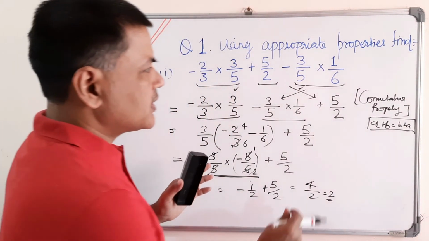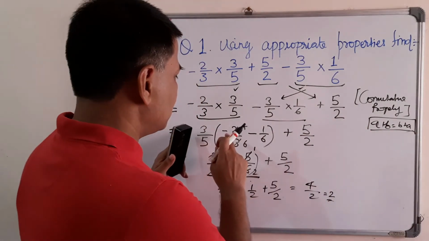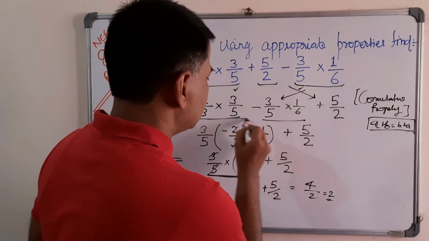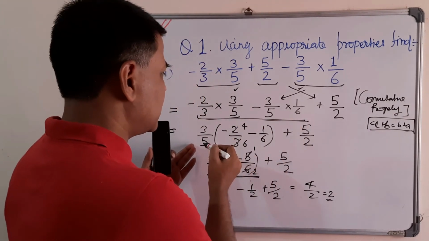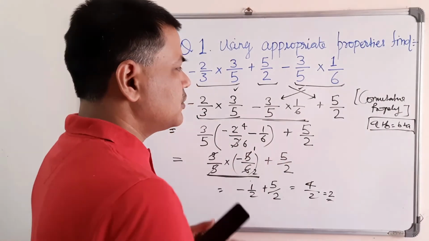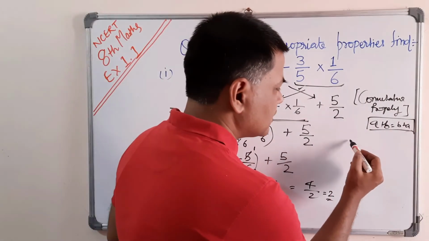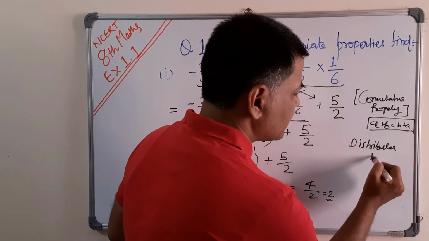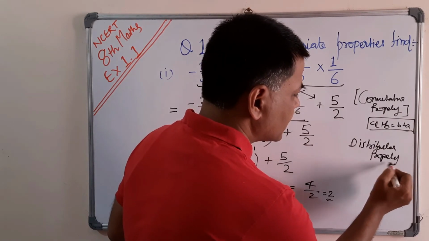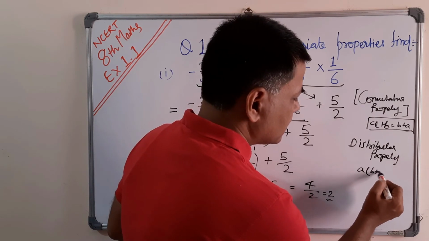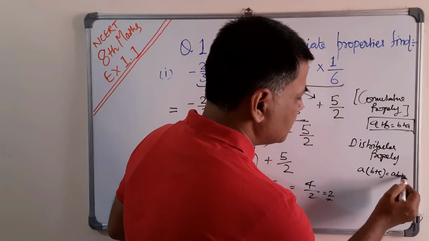But we have to mention, after using the commutative property, what property we have used here. From this expression, we have taken 3 by 5 as common and then solved it. So here we have used the distributive property. In the distributive property we know A into (B plus C) equals AB plus AC.